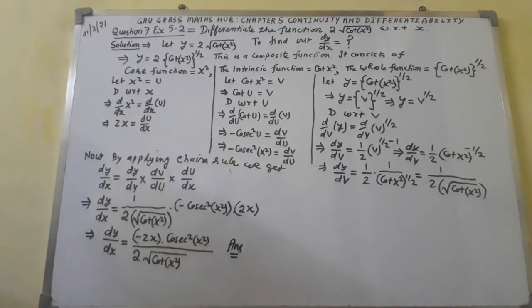Now let us check the answer from the key point here. So here I shall check the answer. I have got minus 2x dot cosec square x square whole over under root 2. So here 2x you have got. So how is it possible? Just think over.